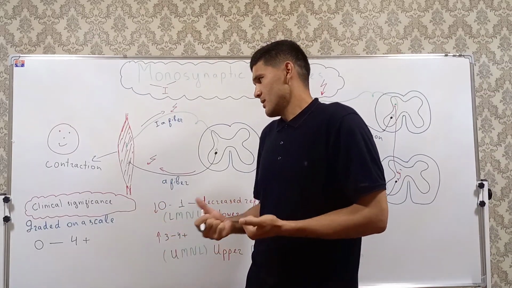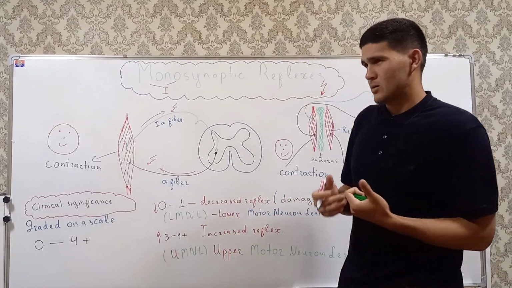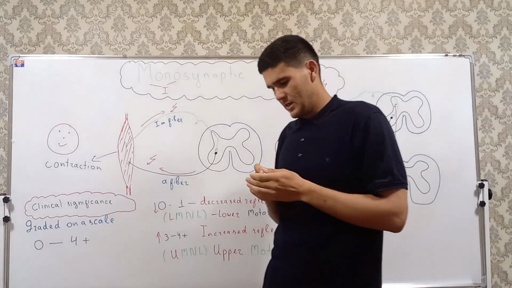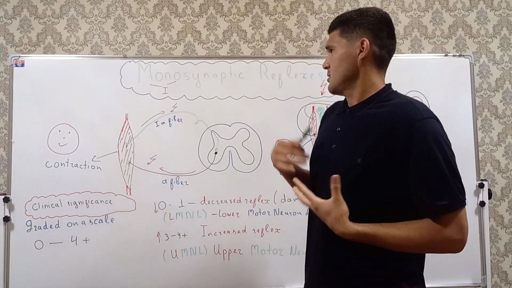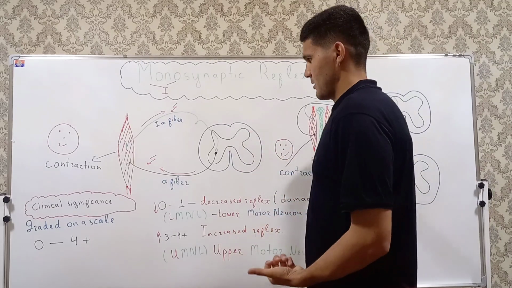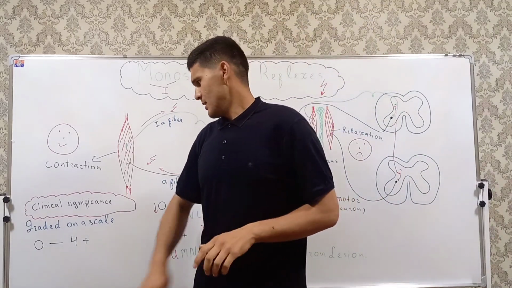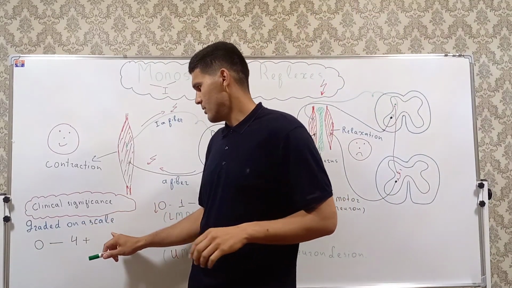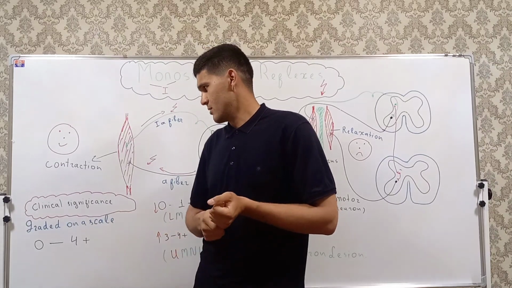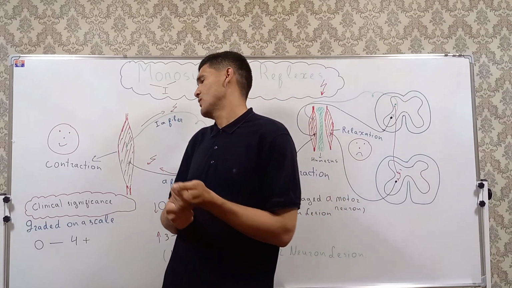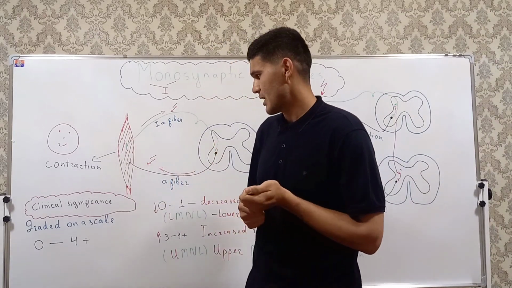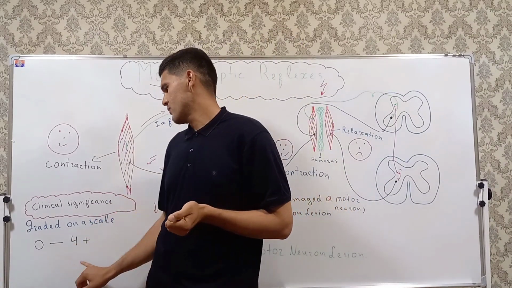Yeah, in clinical practice, neurologists always use their special hammer to stimulate monosynaptic reflexes. There is a graded scale available in neurology, and we can assess the monosynaptic reflex grade from 0 to 4 plus.